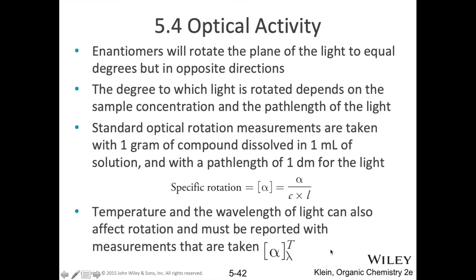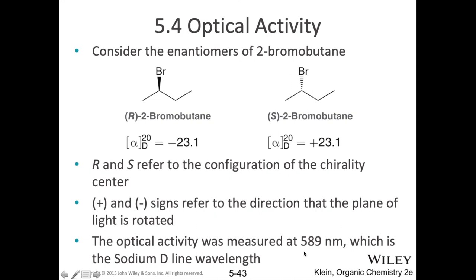Okay. Now, oftentimes when you're reporting the specific rotation, because things like temperature and wavelength of light can also affect this rotation, oftentimes you report that data by listing the temperature and the wavelength. This is represented here with a t and a lambda, respectively. Okay, so for example, here we have a specific rotation for R-2-bromobutane.